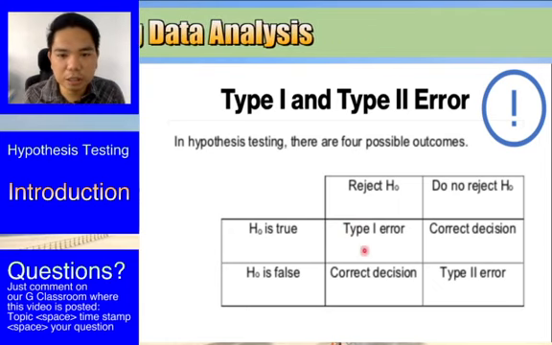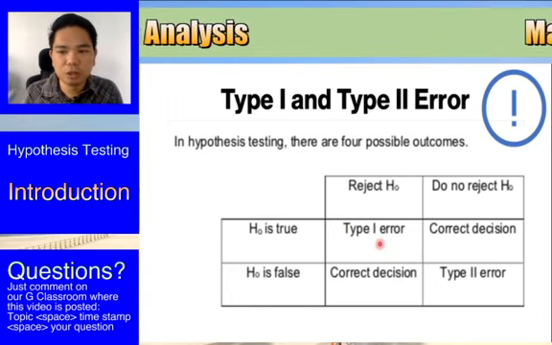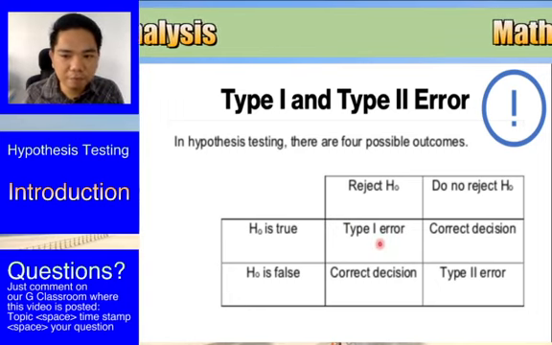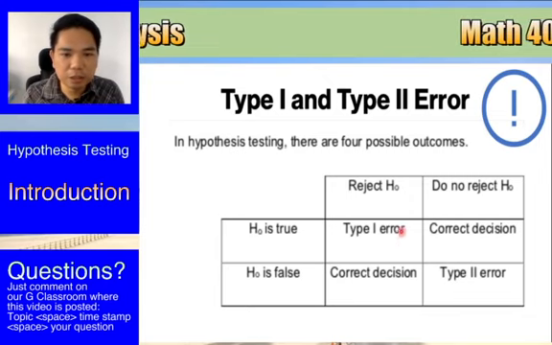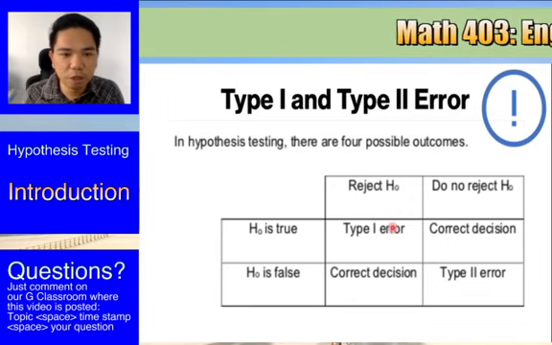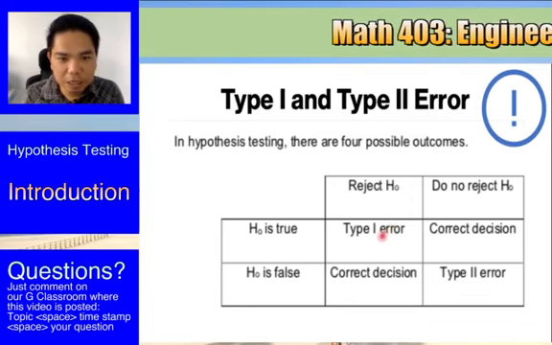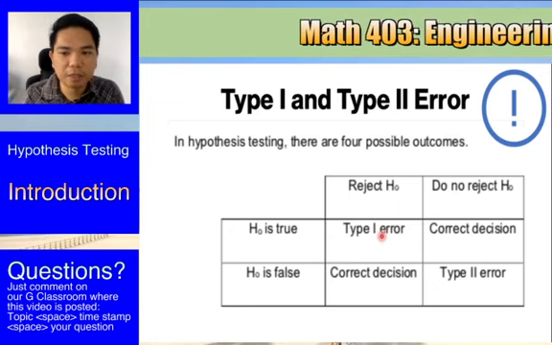So, yun ay isang example ng type 1 error. So, type 1 error is also referred to as the significance level denoted by the Greek symbol alpha. So, nasabi naman natin, ang common values ng alpha ay 1%, 5%, and 10%.